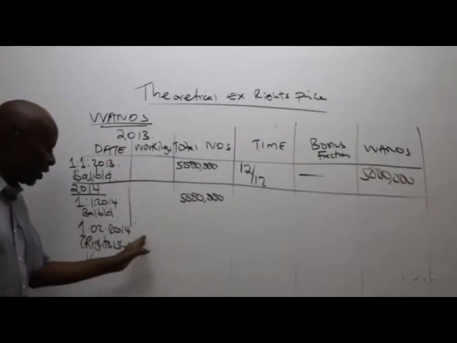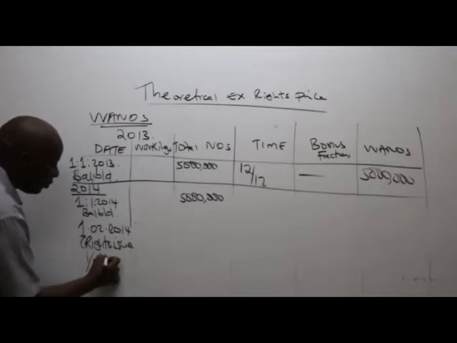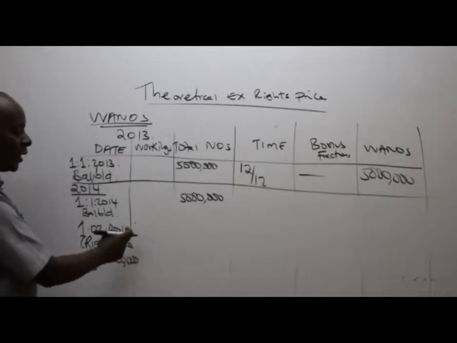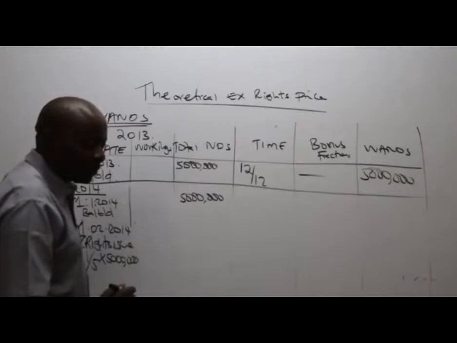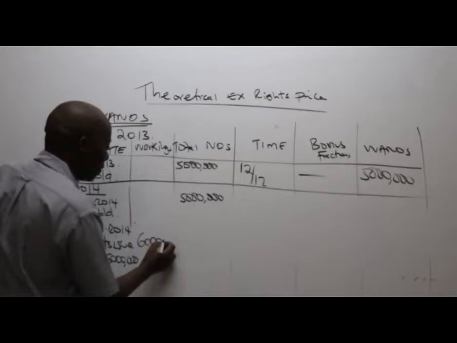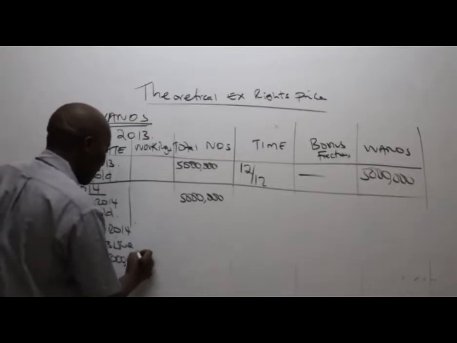If you wish, you can use this column over here for workings, but if I'm the one doing this, I'll take 1/5 of 5 million, which gives me how many shares here, somebody? 6 million shares? Are they 6? No. It is 1 million.